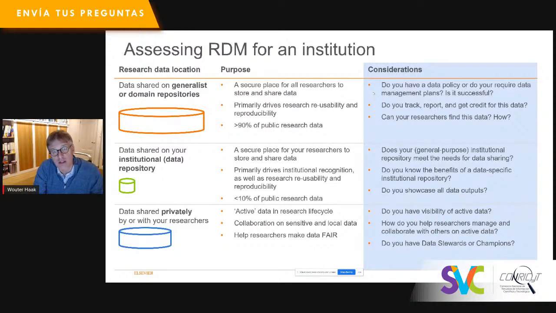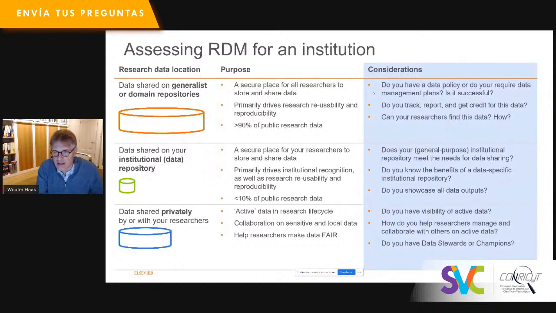So does your institution have an institutional repository, a data repository? And do you know the benefits of a data-specific institutional repository? And do you show the world the data that your researchers have produced? And is that easily findable and searchable?